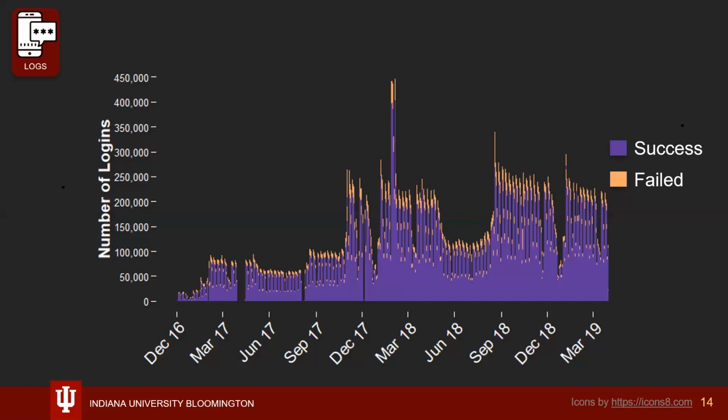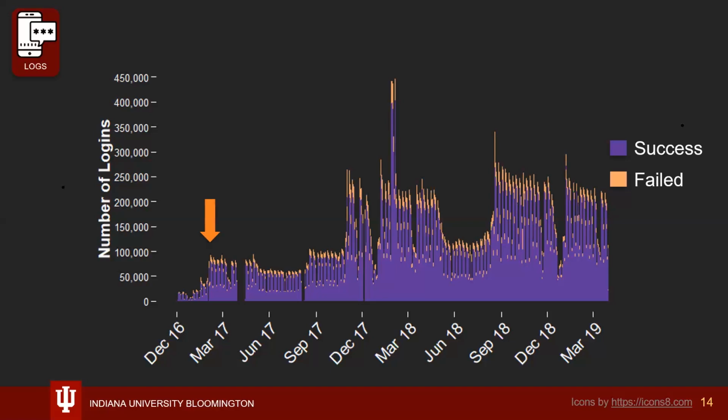Authentication logs were cleared of identifying data before analysis and spanned from December 2016 to April 2019. As shown in the figure, you can see the number of daily authentications started below 50,000 authentications per day and hit a peak of just under 450,000 authentications in a day.